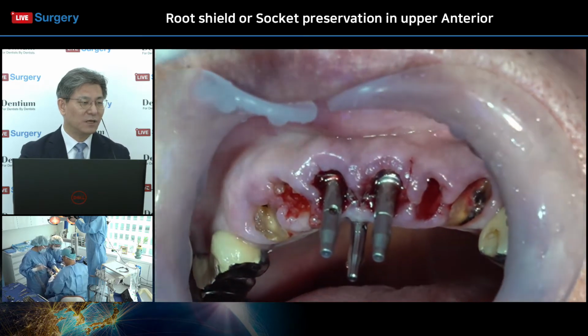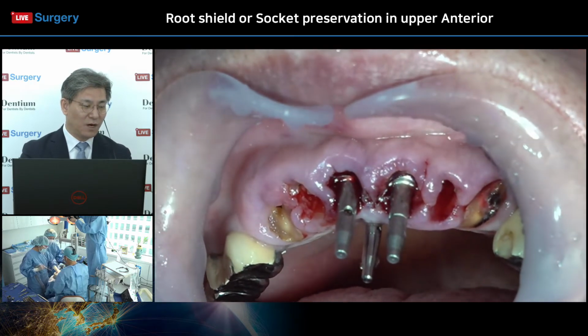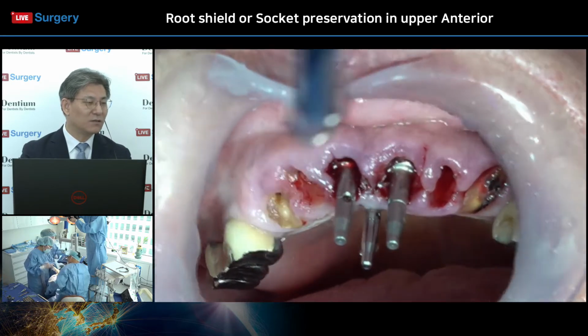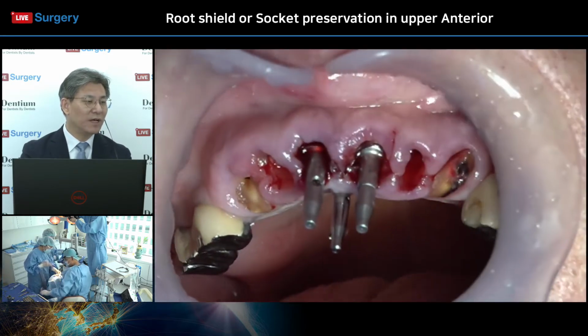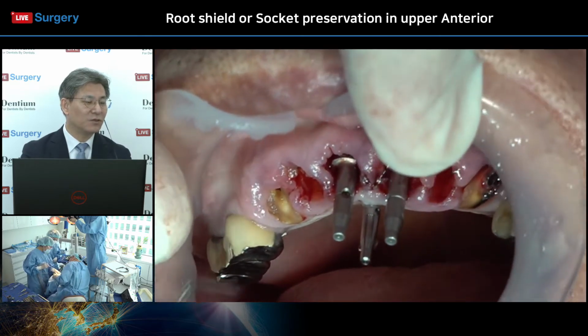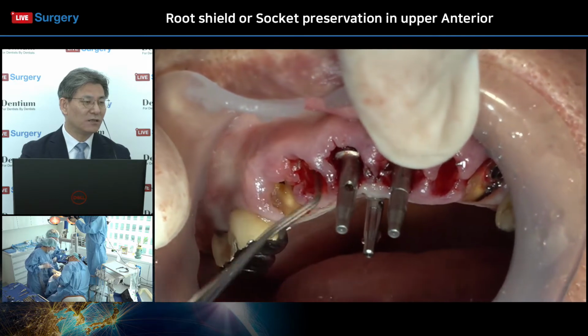Right? Okay. And a small part of root remnant on the labial bone plate, we can see the remnant of the small part of the root, right? And checking the socket here.